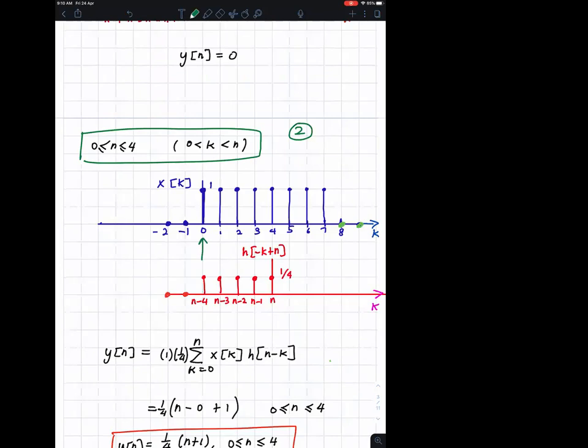When n is 4, we get 0 here. If you put n equals 4 all over the place, you get 1 here, 2 here, 3 here, then n is 4 here. So that's how you get this limit.